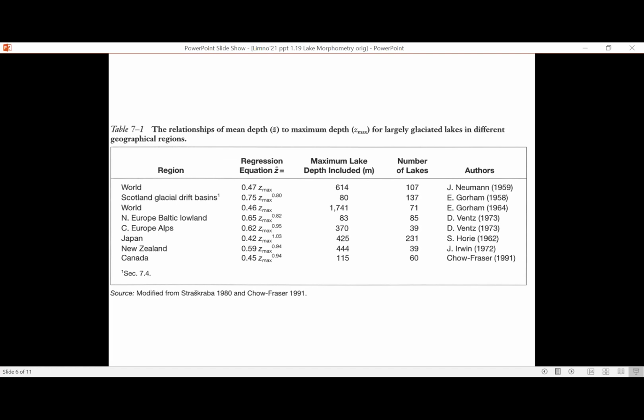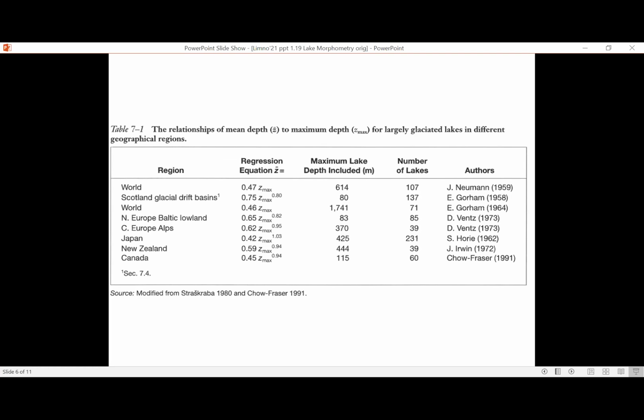or in this particular case, the Z average, or I use AVG, the Z average is equal to, in this data set from Gorham, the slope of the line was 0.46 Z max.